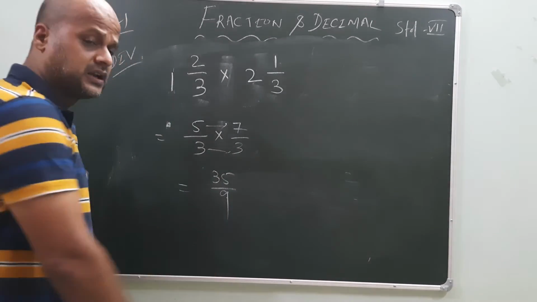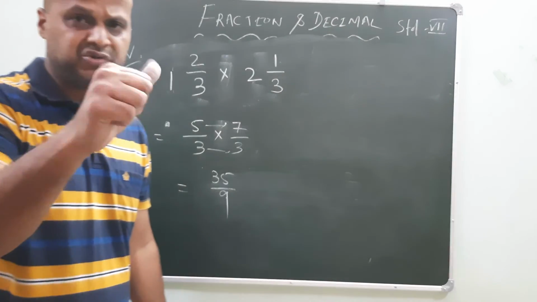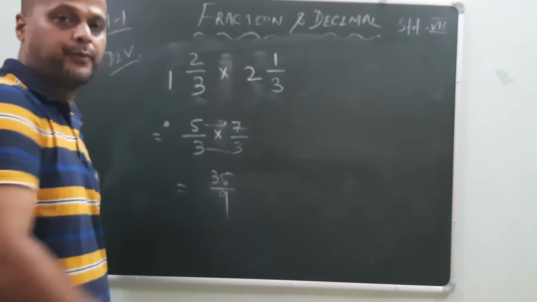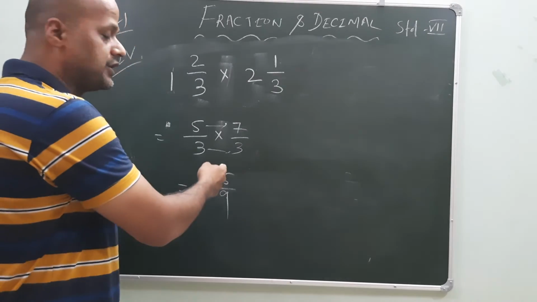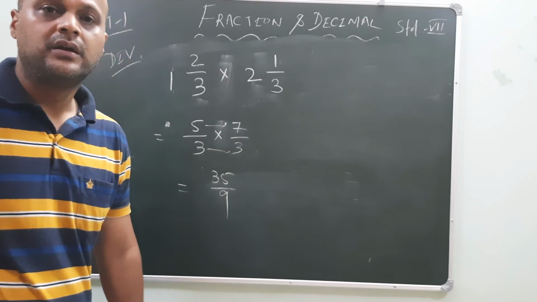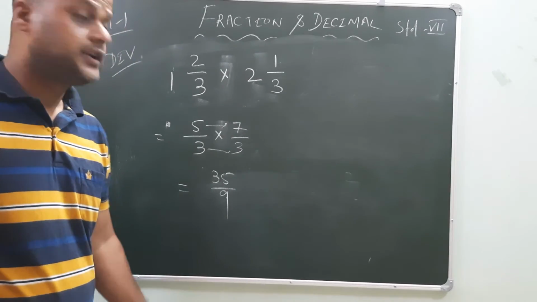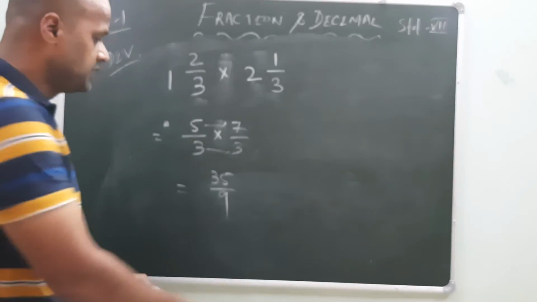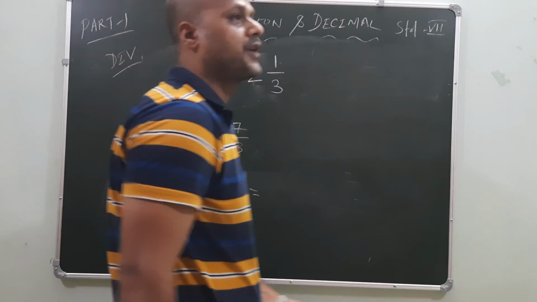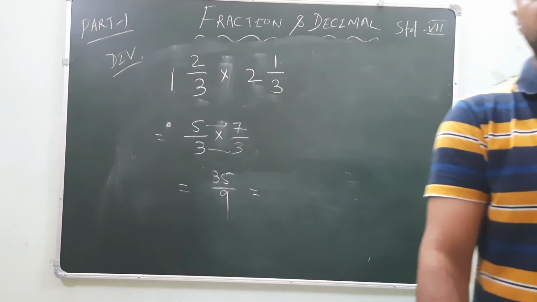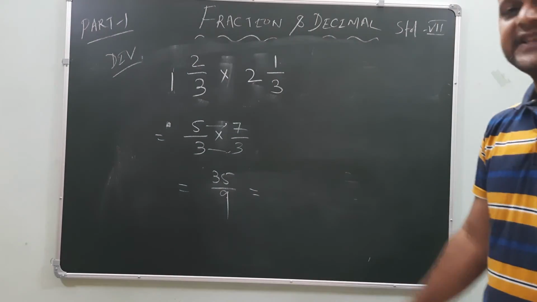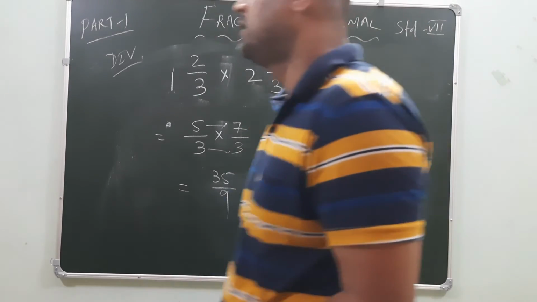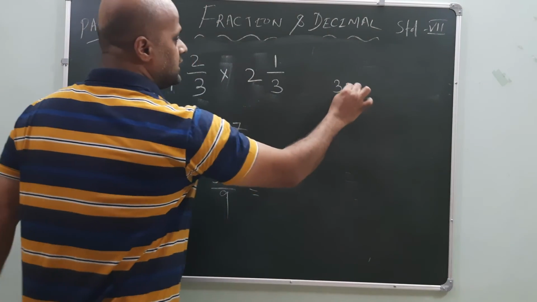Is this a proper fraction? No, it is an improper fraction. Why? The numerator is bigger than the denominator. If it is an improper fraction, what do you have to do? You have to change it into a mixed fraction. How will you change it? Divide it.